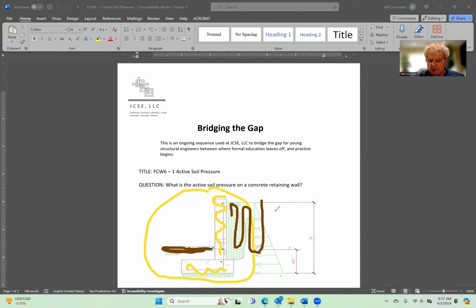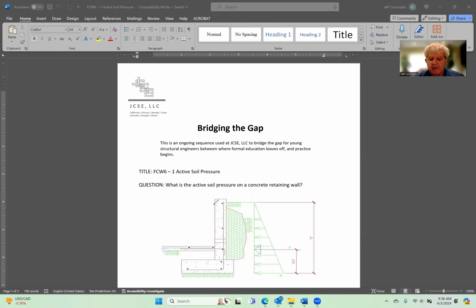So, pretty typical cantilever retaining wall. It is important to make the distinction that this is a cantilever retaining wall, meaning that at the top of the wall there is no other structure that in any way stabilizes the stem of the concrete retaining wall.